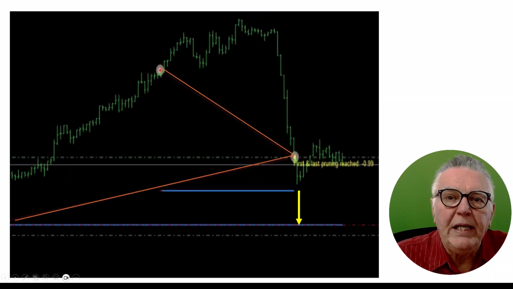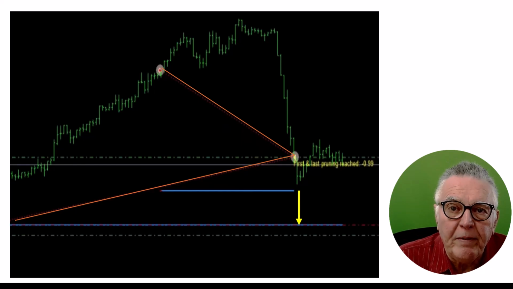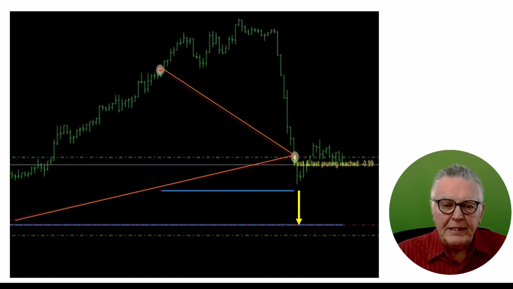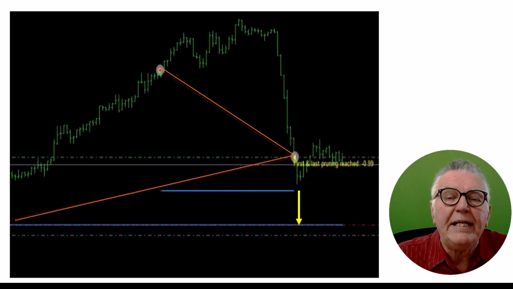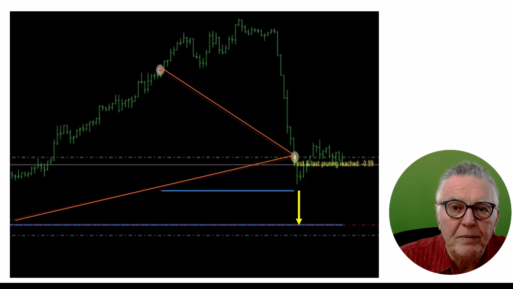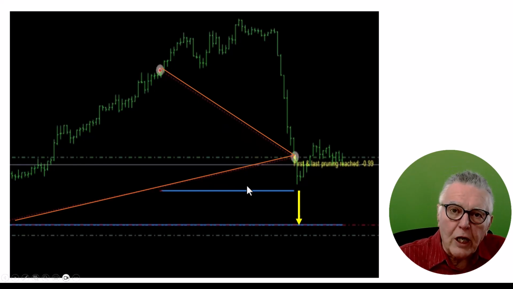Then we have a second pruning method, which is the first and last pruning method. Using that method, and this is almost exactly the same example, there was the positive cash-in of the last trade. And then what it will do is it will just blindly go and look for the first trade that was made in this series of open trades, and it will close that trade.